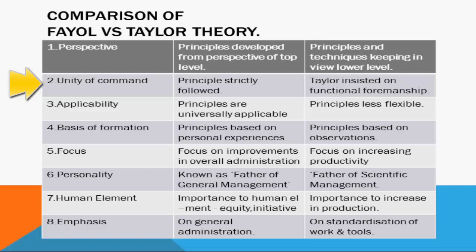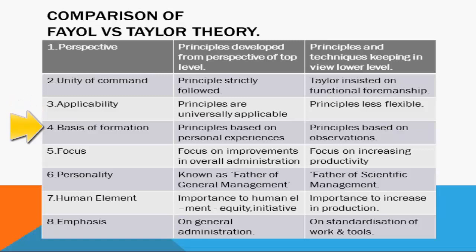Whereas Taylor did not follow this principle and insisted on functional foremanship. Third is applicability. In case of Fayol, principles are universally applicable, whereas Taylor's principles are less flexible. Taylor techniques are less flexible and can be applied in specialized situations.